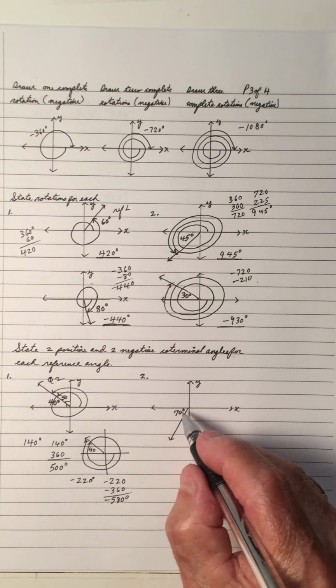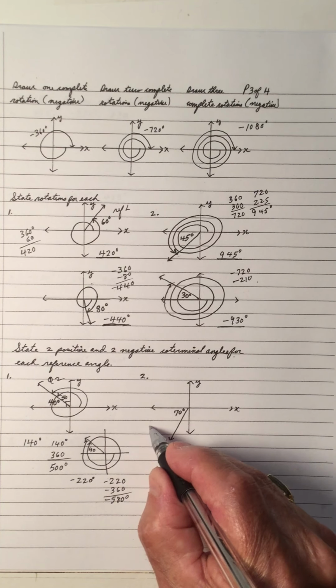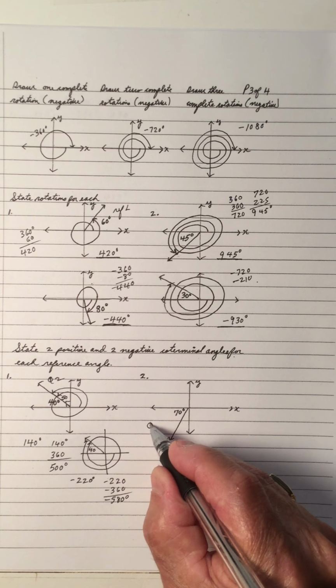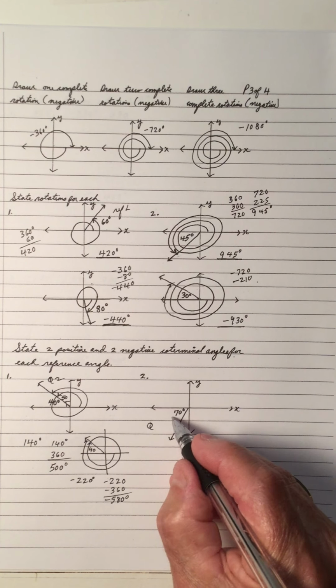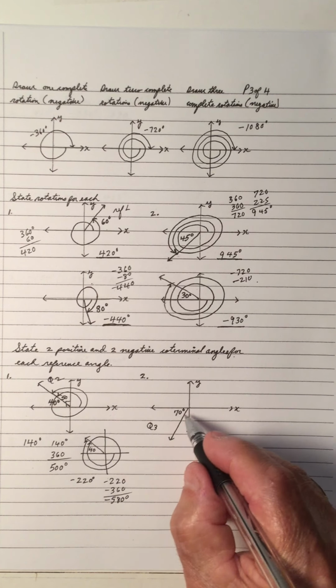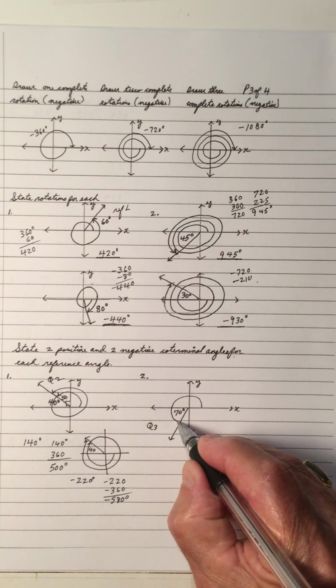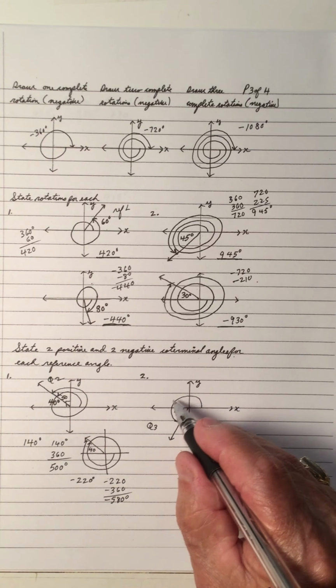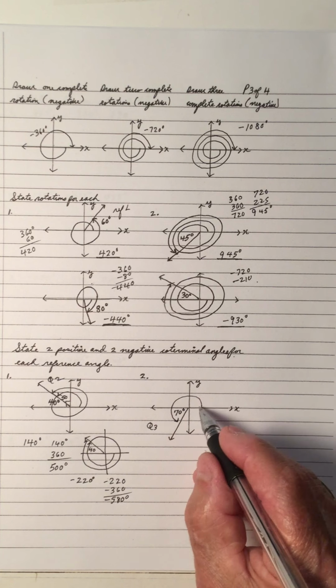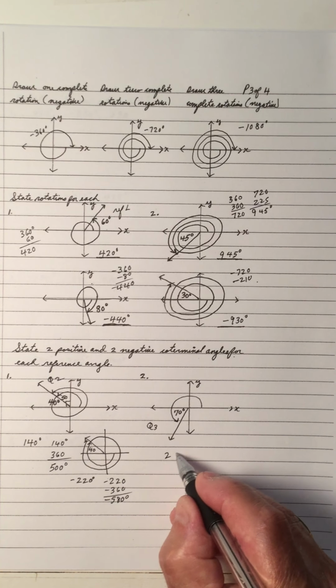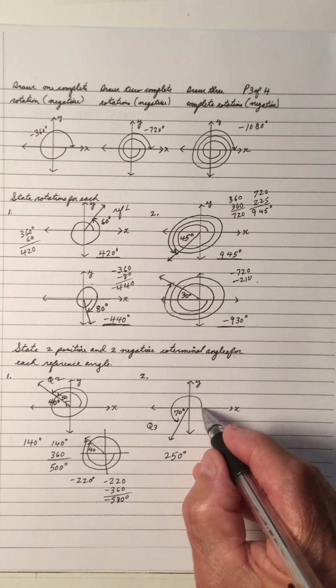And to do another one, reference angle here, this is quadrant 1, 2, 3. This is the third quadrant. There's the reference angle, so let's do one rotation. The first angle here is 180, so one first angle I'm going to do is 250.